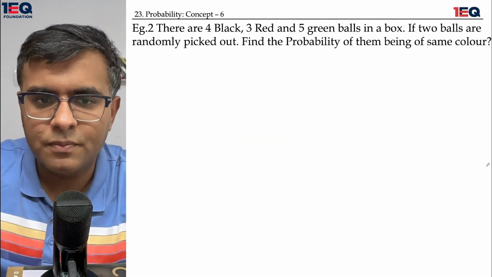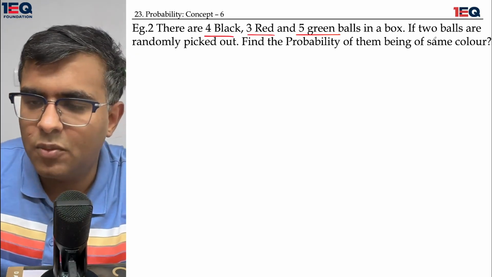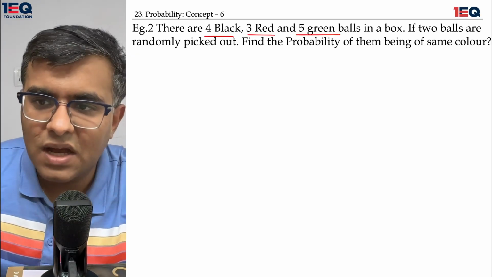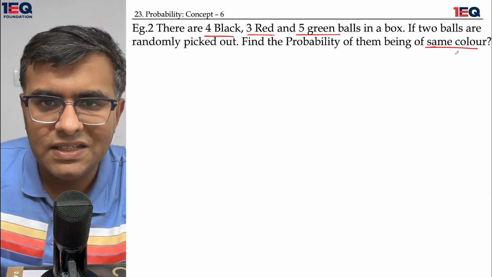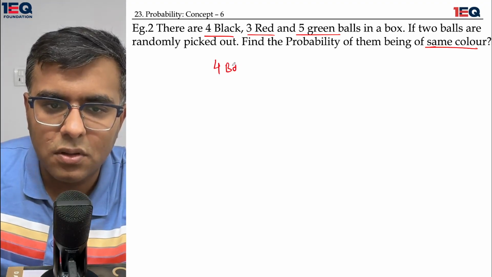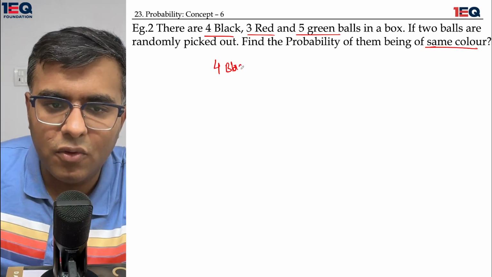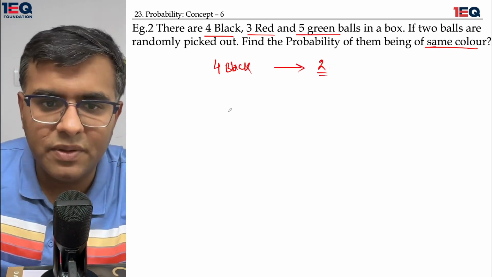I'll move on. There are 4 black balls, 3 red balls and 5 green balls in a box. If 2 balls are drawn at random, find the probability of them being of the same color. This means that if there are 4 black balls, two of them should be picked and both should be black.